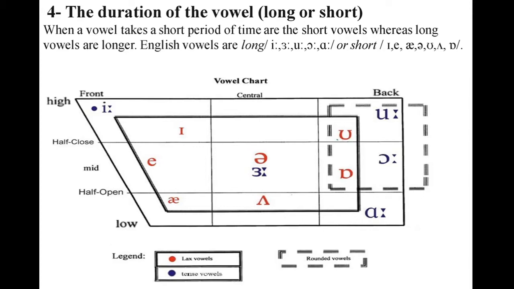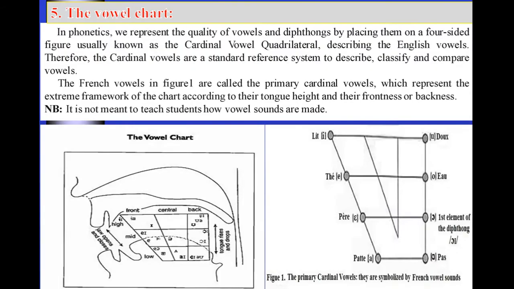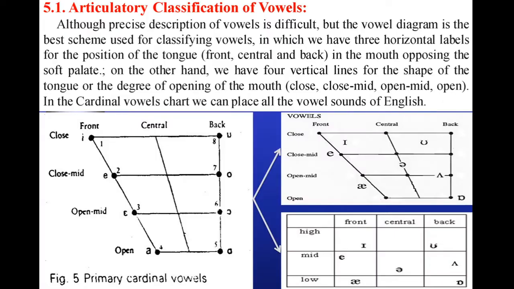Therefore, the cardinal vowels are a standard reference system to describe, classify, and compare vowels. Although precise description of vowels is difficult, the vowel diagram is the best scheme used for classifying vowels, in which we have three horizontal labels for the position of the tongue: front, central, and back, in the mouth, opposing the soft palate.